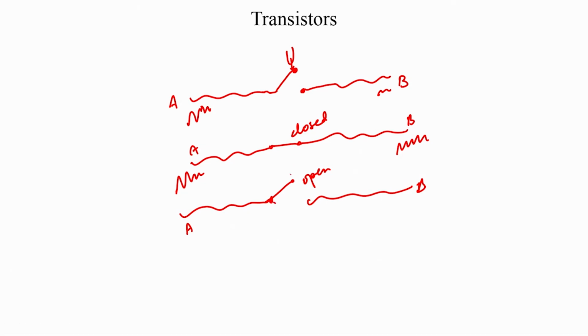How do I make this operation of the switch very fast? If I have a mechanically operated switch, it's going to be a very slow process, because you are dependent on the mechanical time constants, which are quite slow. So the idea of a transistor is to develop an electronically controlled switch, which means that this control of the switch going from on to off is done electronically, and your signals heading from A to B are all electronic.